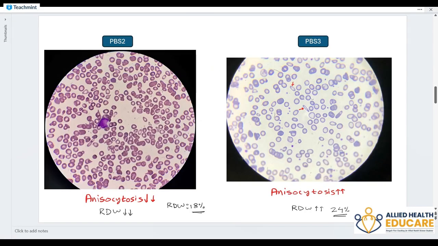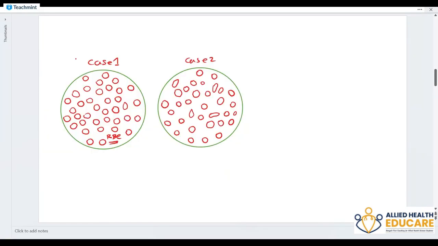Now I am showing you another two peripheral blood smear pictures. Let's look at PBS2. Here you can see that there is a variation of RBC sizes. There are different types of RBCs. One thing must be noted: if there is a variation in the shape of RBC, that is called poikilocytosis.